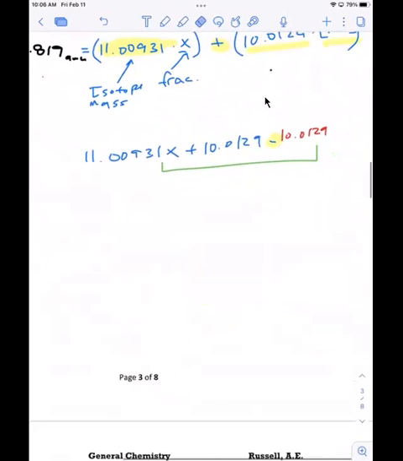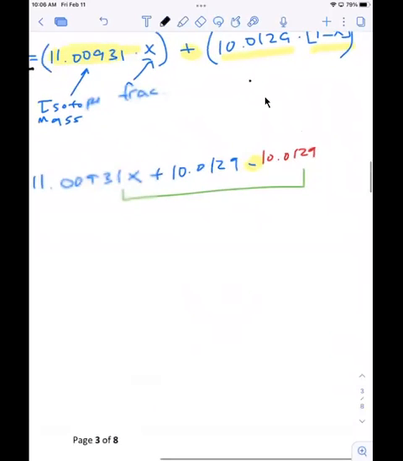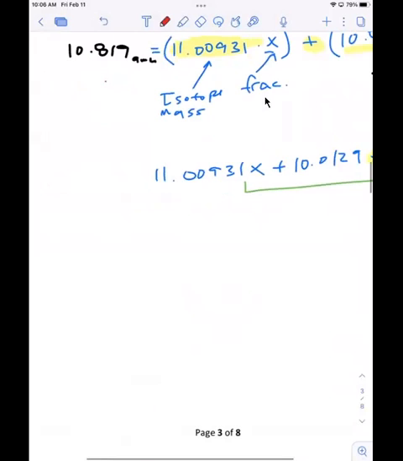It's still 0.0931x plus 10.0129 minus 10.0129x. All of that stays the same. The only difference is that this is now equal to 10.819 AMU. That's it, right?